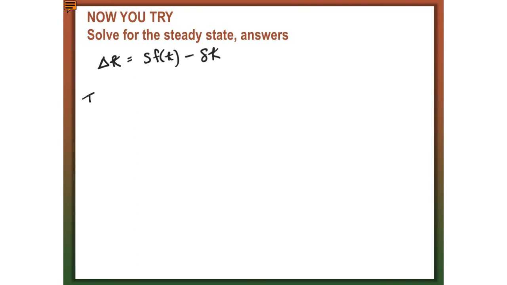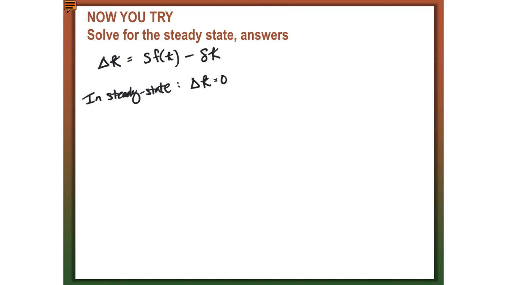So we know that in steady state, the key piece of information we need to know is that delta k is equal to 0. Once we know that, this is our steady state condition, we can just plug in 0 into our equation of motion here. And then this is going to give us an equation in one variable that we can solve for.